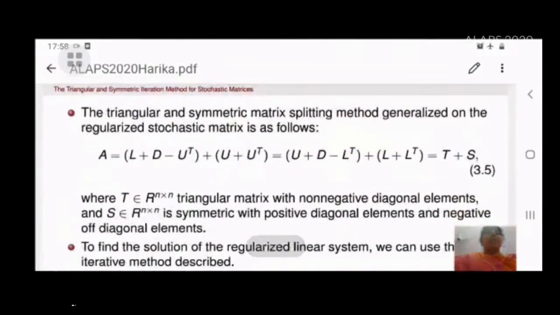The triangular and symmetric splitting method is generalized on the regularized stochastic matrix as follows. That means A is split as a sum of triangular and symmetric matrices.